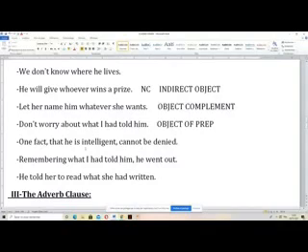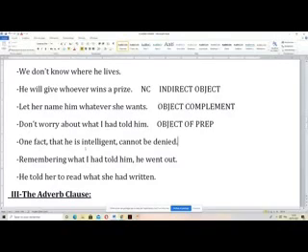Listen, direct and indirect objects are found in sentences having a ditransitive verb. Here we have just an infinitive: he told her to read. But he told her to read what? To read what she had written.